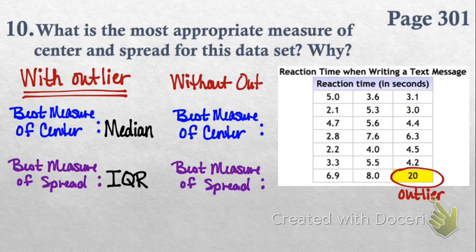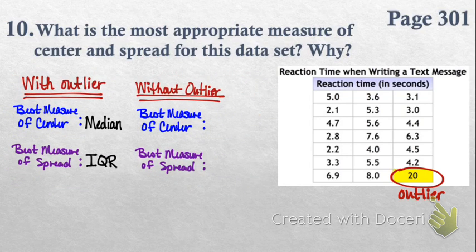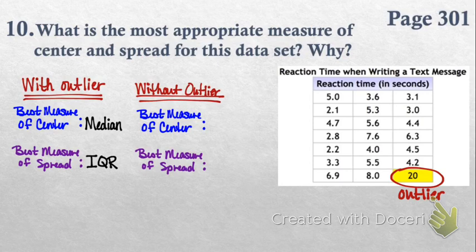Yes. We're going to use the mean as our best measure of center. And what should we use as the best measure of spread if there is no outlier? Standard deviation, yes.